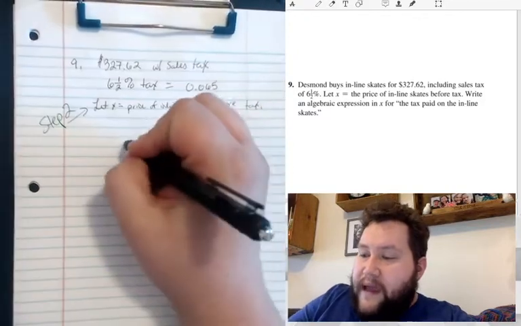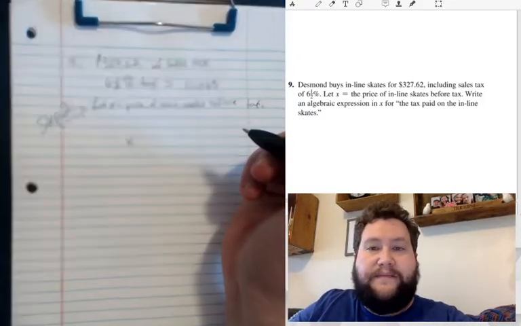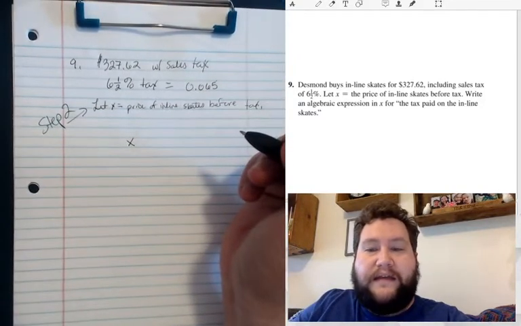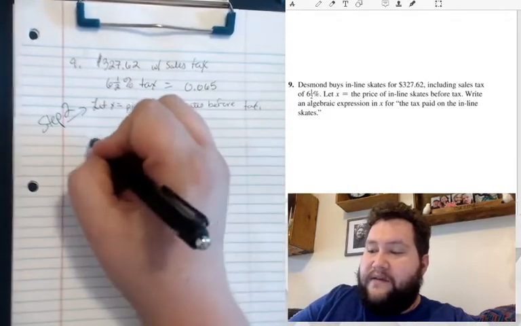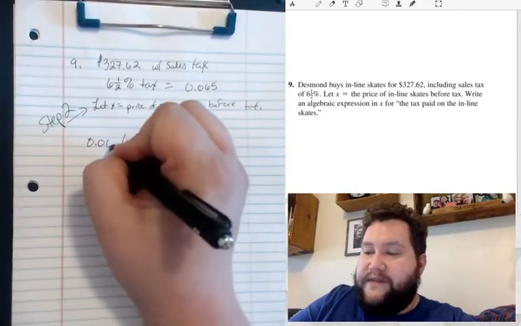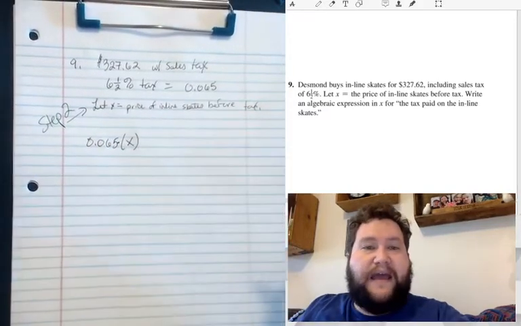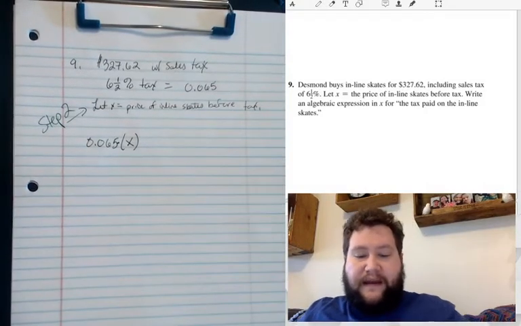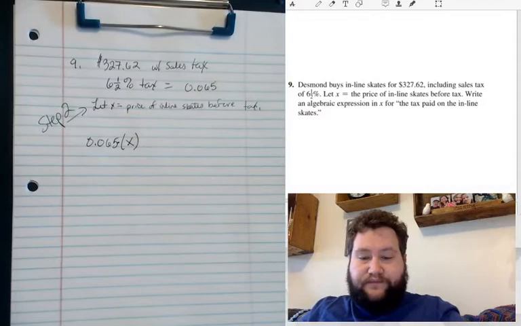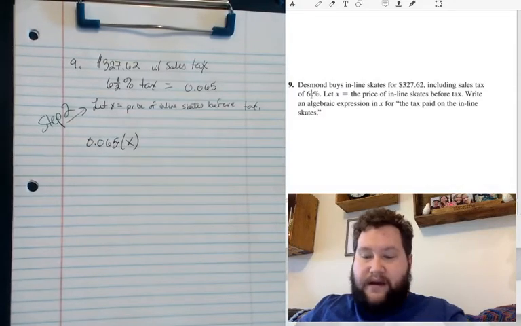X is our price, and to find the tax on that, we need 6.5% of that, so 0.065 times X. And that is, in essence, the second part of step 2.